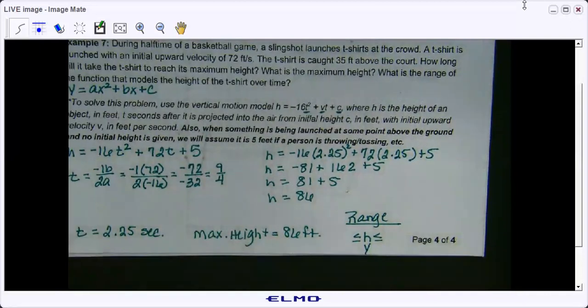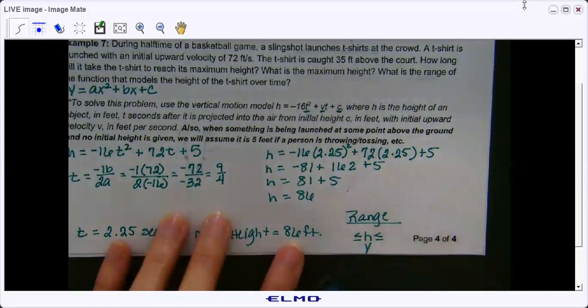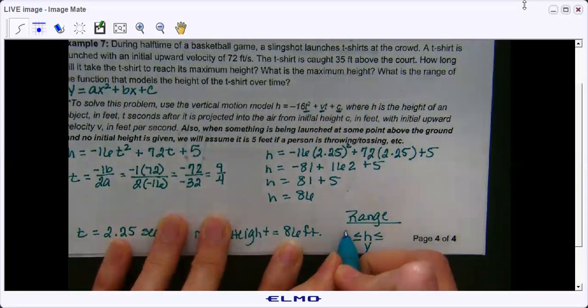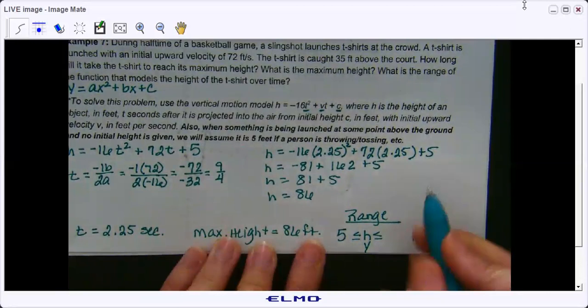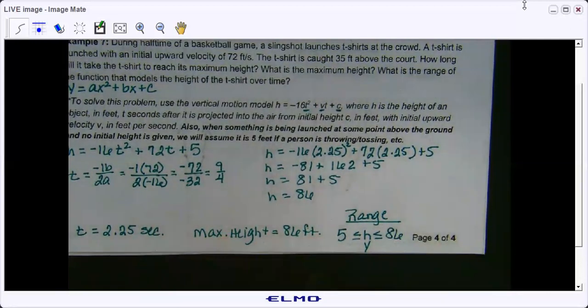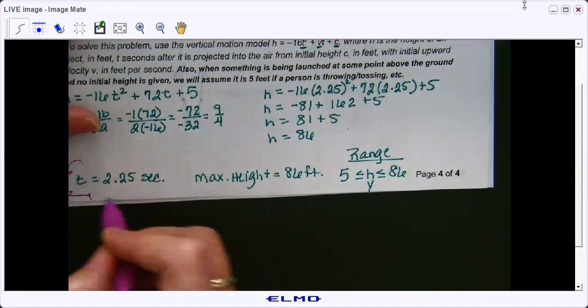What is the lowest height that the t-shirt is? What's the lowest height that our t-shirt is? 5 feet. 5 feet, okay. Some may say 0 because eventually it'll fall to the ground, but we're gonna just say 5. And then what's our max height? 86. And so then this would be your range. So all of this right here answers that question.